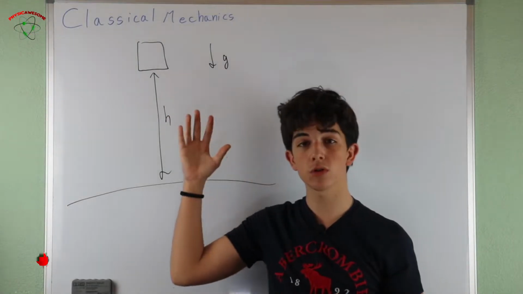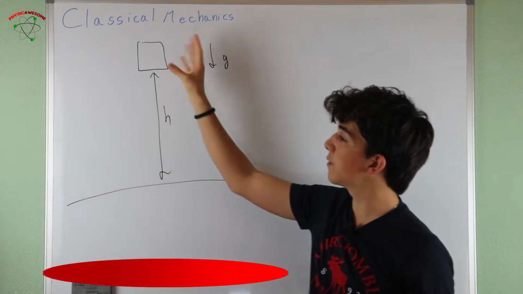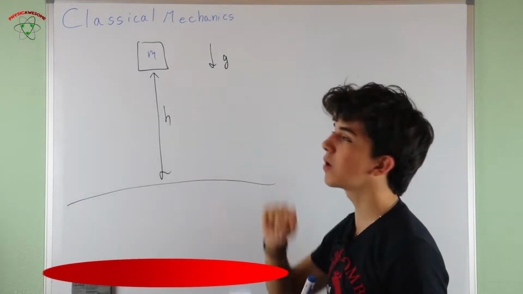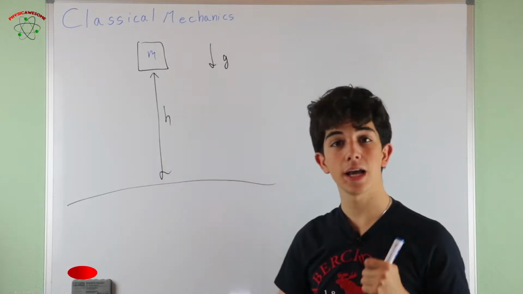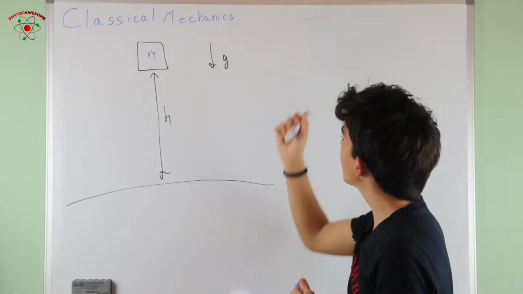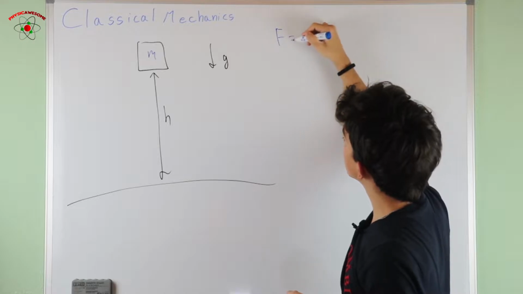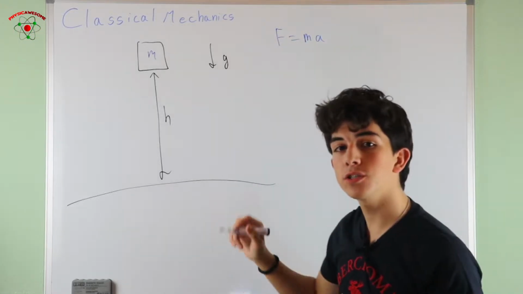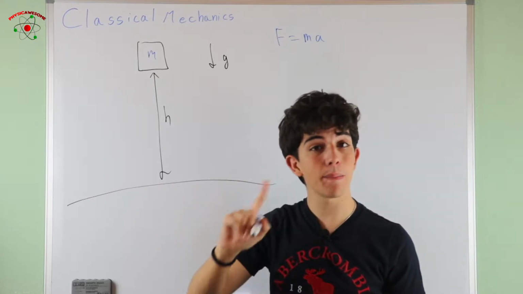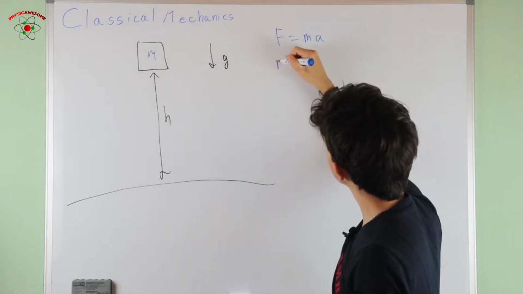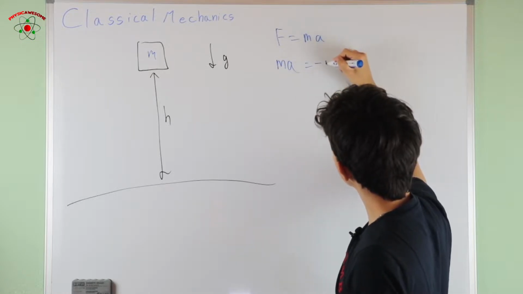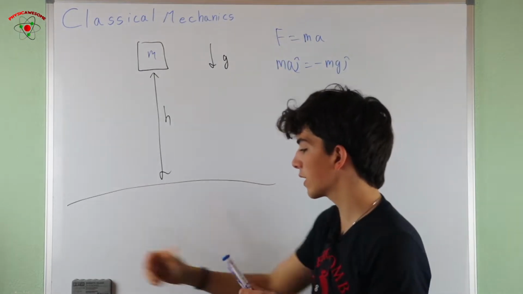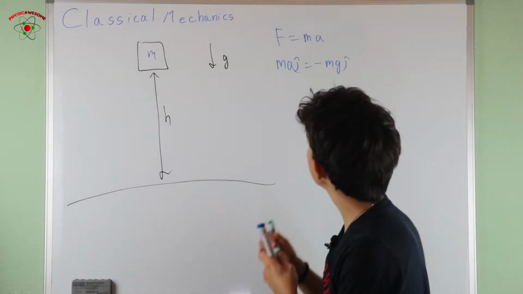For our Newton's laws example, imagine we have a mass, m, falling at free fall with gravity g and at a height h. Now, we know from Newton's law F equals ma, and in this case the force equals mg minus mg in the j-hat direction, but we can cancel those, and also the masses.